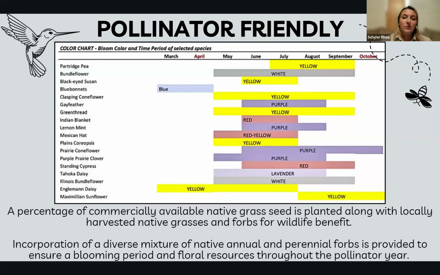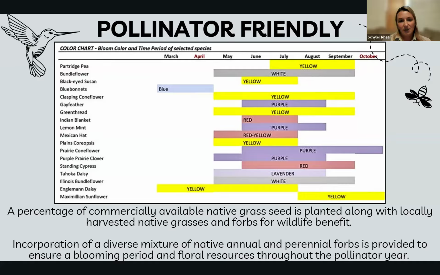So we typically use a native grass seed mix where we include several different species of forbs as well, for the overall benefit for wildlife and pollinators. So we try to incorporate annual and perennial forbs. This is to really ensure that there is a blooming period and floral resources available throughout the pollinator year.